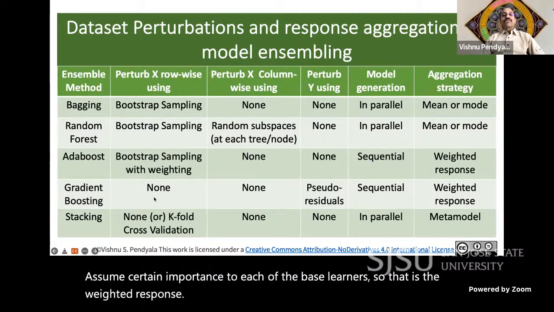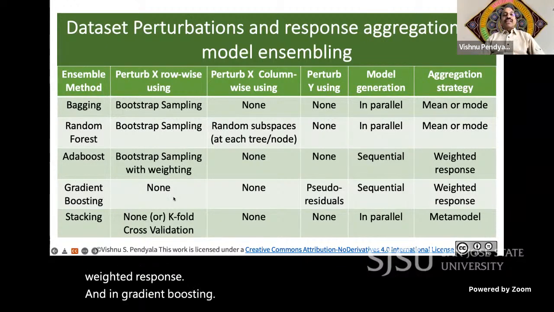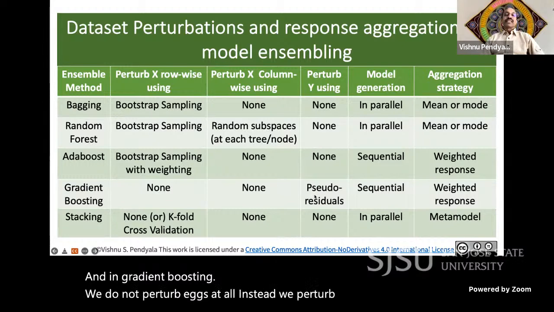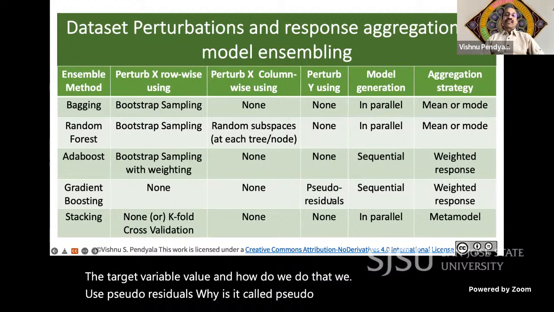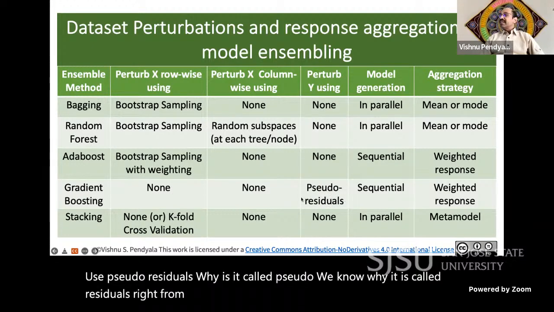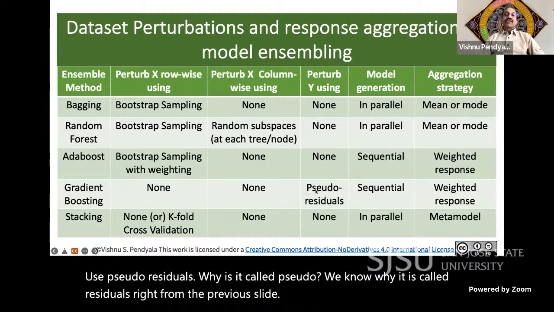And in gradient boosting, we do not perturb X at all. Instead, we perturb the Y value, the target variable value. And how do we do that? We use pseudo residuals. We know why it is called residuals, right, from the previous slide. But why is it called pseudo residual?